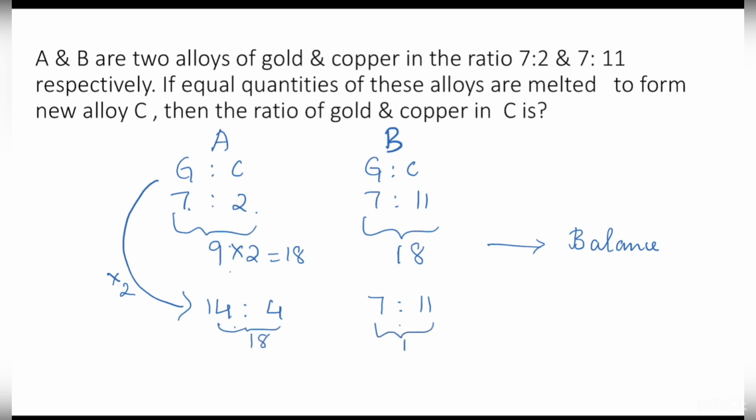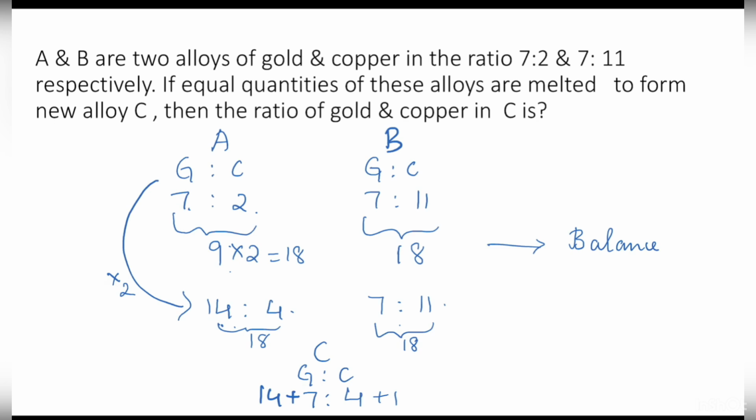Okay. Then equal parts I have to melt so that the new alloy C will have gold and copper in equal quantities from both. So from this, gold is 14 plus from this it is 7:2. From this, copper is 4, from this it is 11, plus 11.